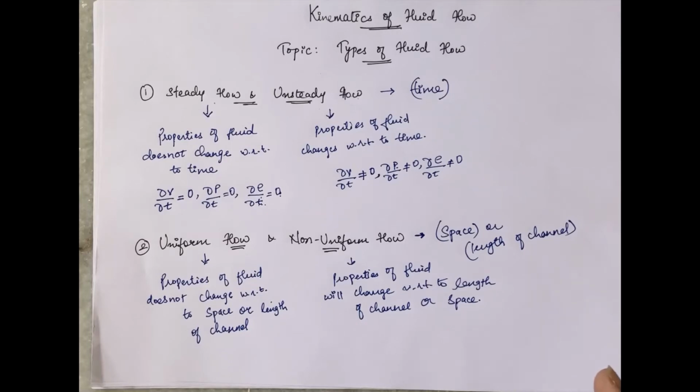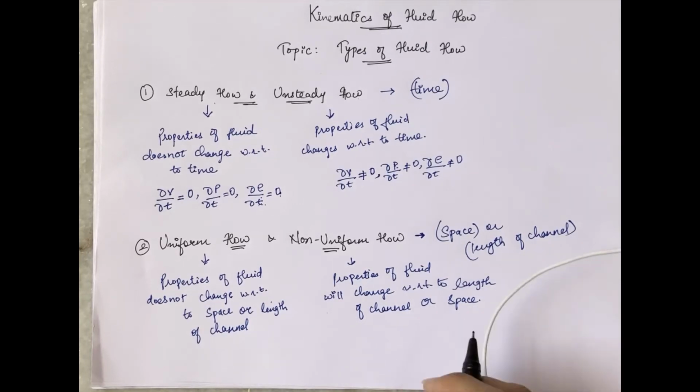So here if we take again the same example, if the velocity of the flow in the canal is 2 meter per second at 1 meter length of channel, and at 3 meter length of channel it is also remaining the same, that is 2 meter per second, then it is known as uniform flow. It is not changing with respect to length of channel.